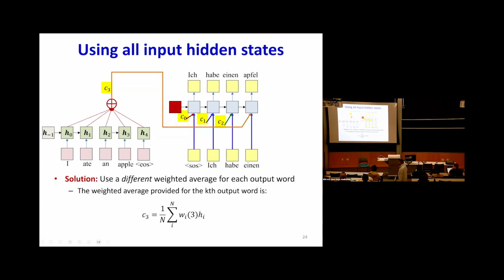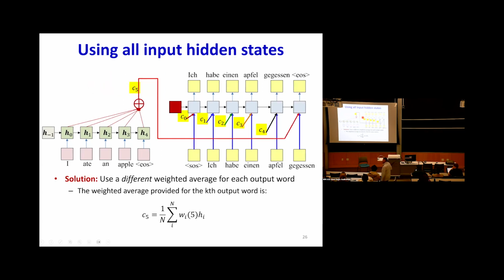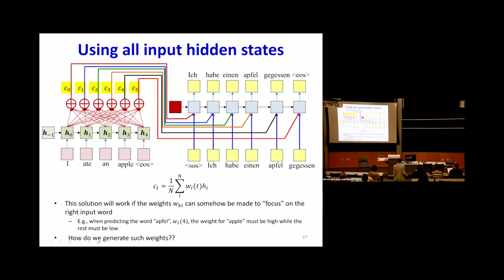And we'd continue generating as always until you generated an end of sequence marker. So the question now is, where do these weights come from, right? The requirement we have is that the weights must be specific to the output. And the question is, what mechanism can we use to obtain such weights?